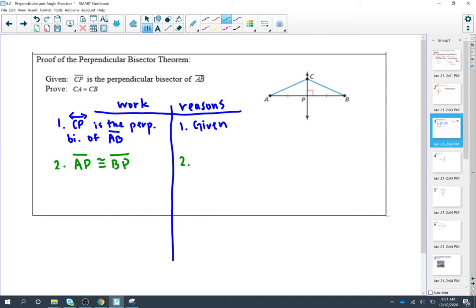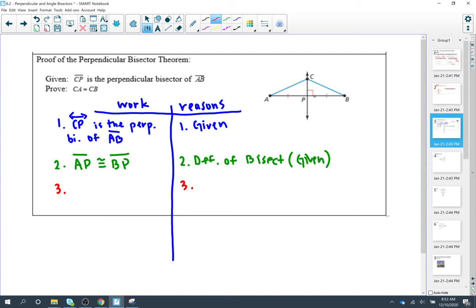If I'm going to bisect something, that means I'm going to cut it in half. If I cut it in half, that means the two sides are the same. So that is the definition of bisect, which essentially was part of our given, because it was given to us that it's a bisector.